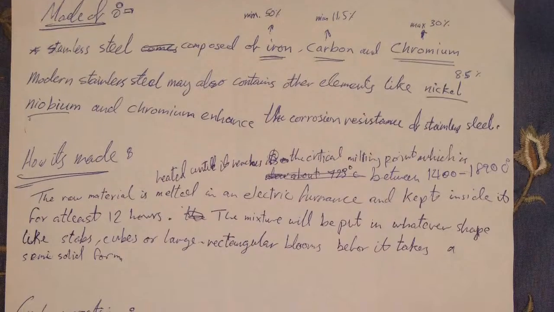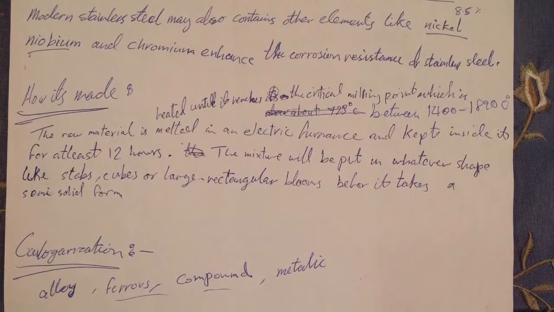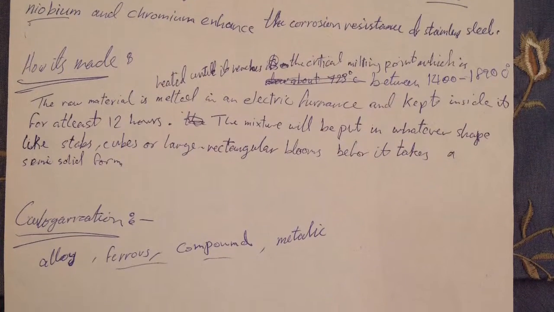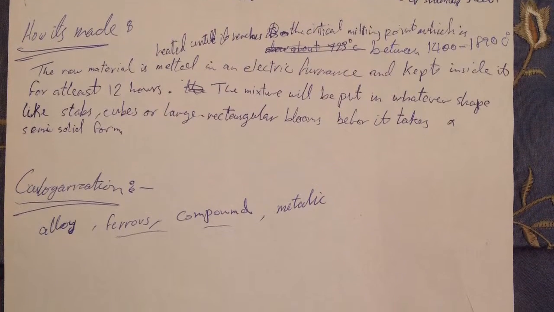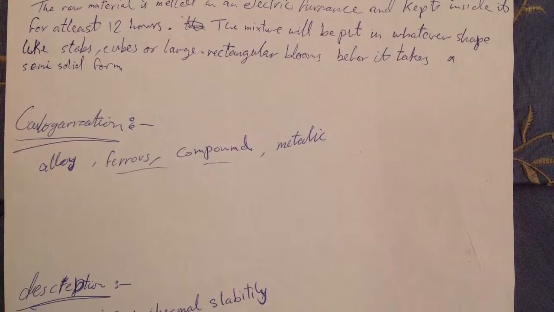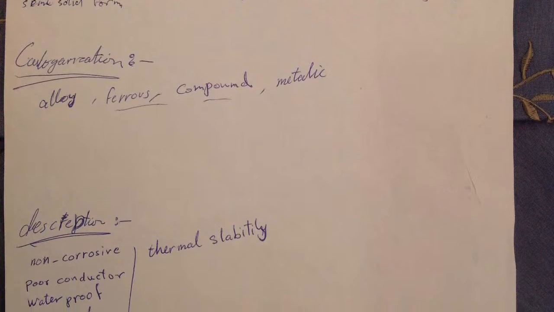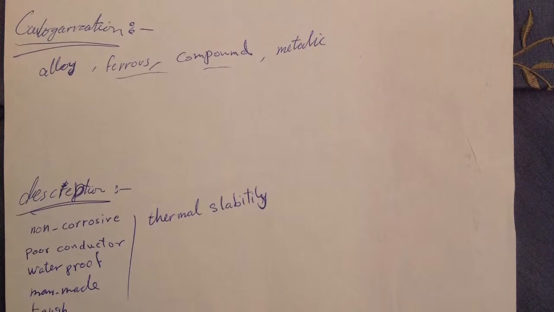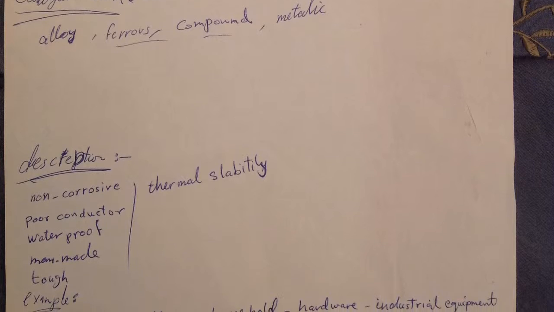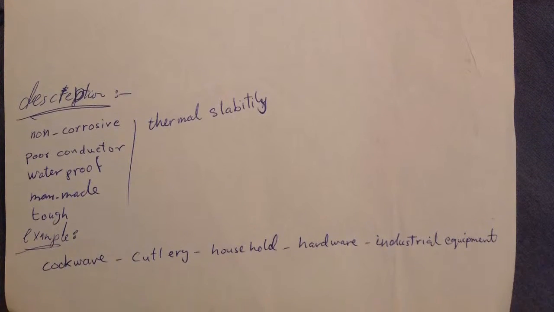My next element is stainless steel. Stainless steel is composed of a minimum of 50% iron, a minimum of 11.5% chromium, and a maximum of 30% chromium. Modern stainless steel may also contain other elements like nickel and niobium. To make it, the raw material is melted in an electrical furnace and kept inside it for at least 12 hours.